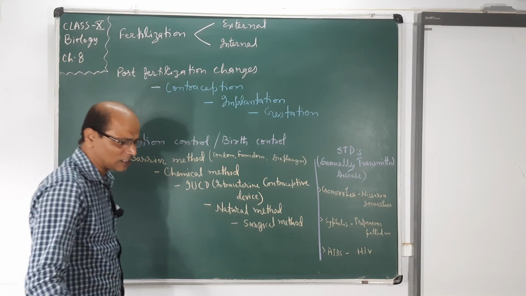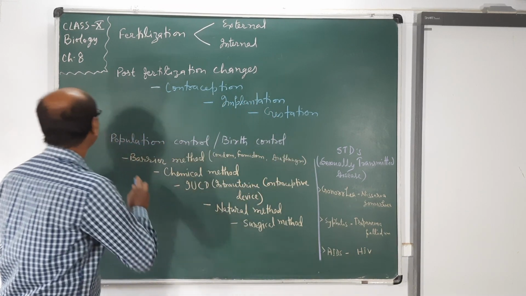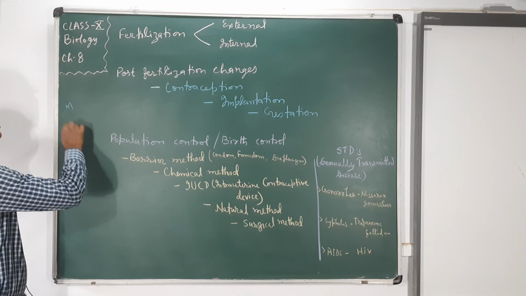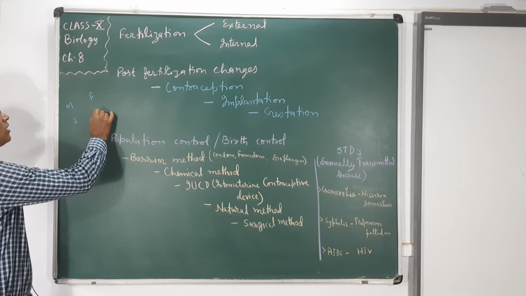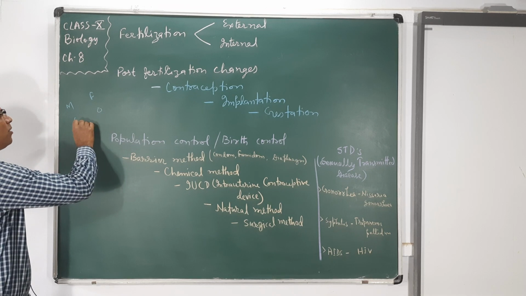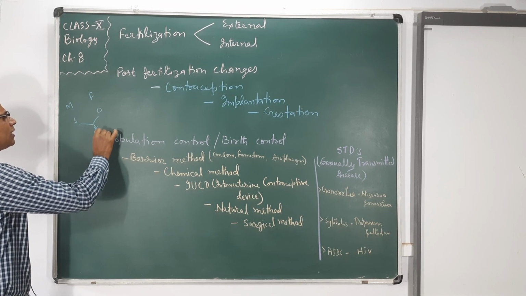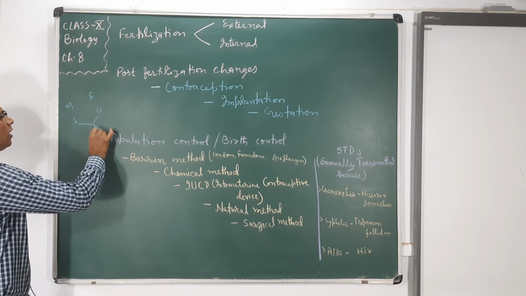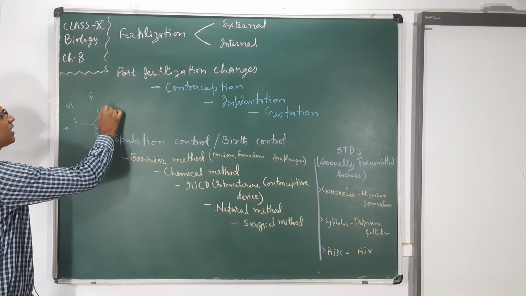Now see fertilization. As you know, it is gametic fusion. The male gamete and female gamete provide sperm and ovum. Sperm and ovum fuse together and form the zygote. The sperm has n number of chromosomes, and the ovum has n number of chromosomes.